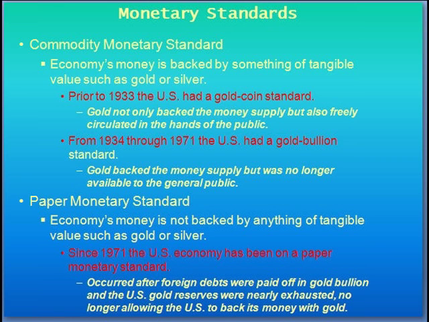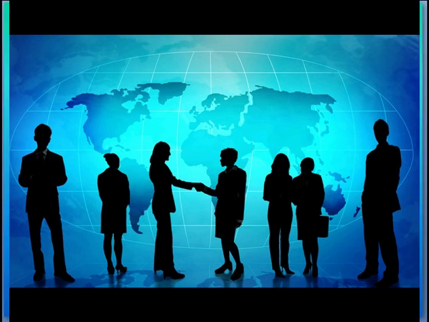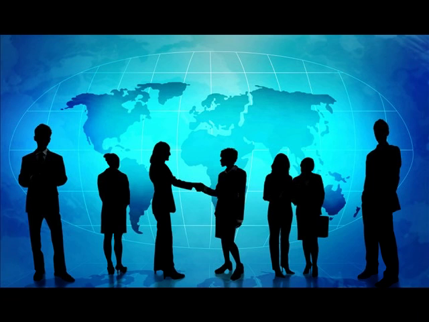But after 1971, the US dollar became paper money standard, which is we are no longer backed by the gold. So the question I raise is, after 1971, US dollar changed to paper money standard, what actually backs our money? Fus Island Stories Part 3: International Trade and Global Economics.